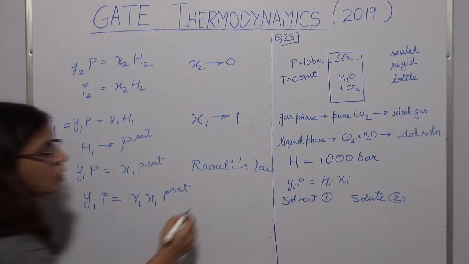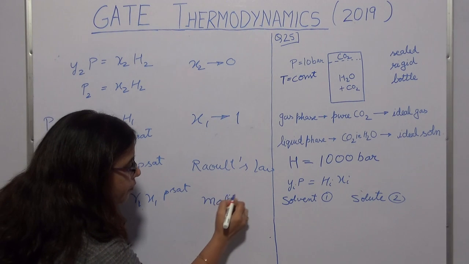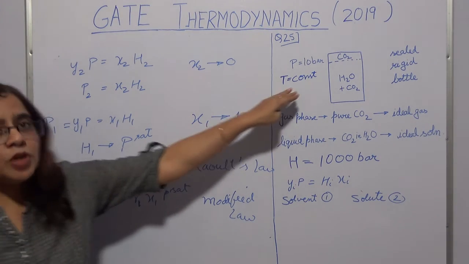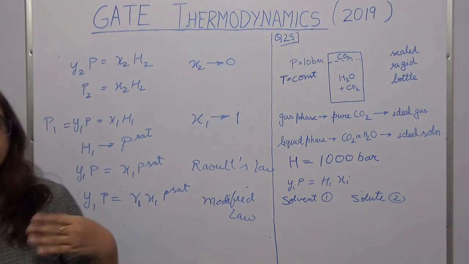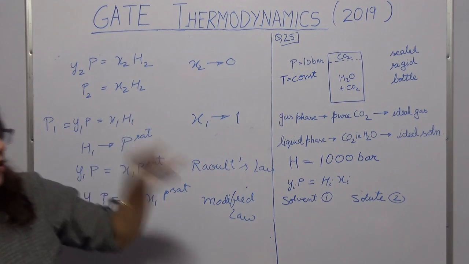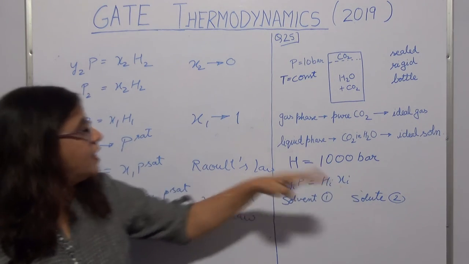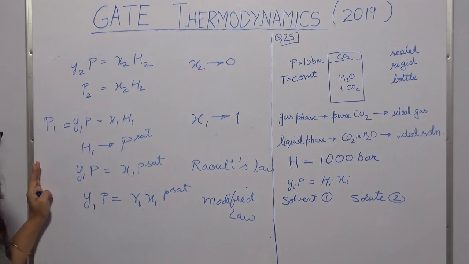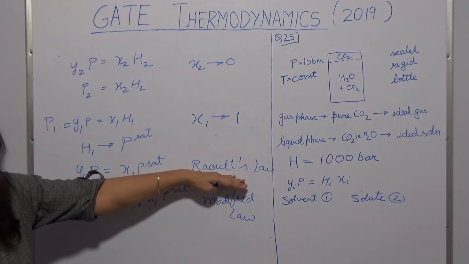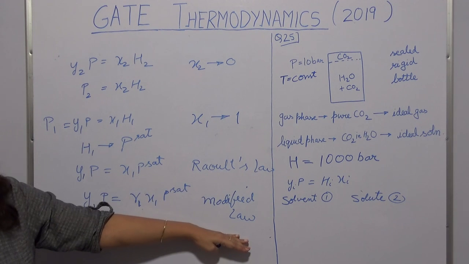So this is now your modified Raoult's law. What you see is that in this problem statement, they have given you all the assumptions used to derive Henry's law, and then I have gone through the cases where you have to use Henry's law, Raoult's law or modified Raoult's law.